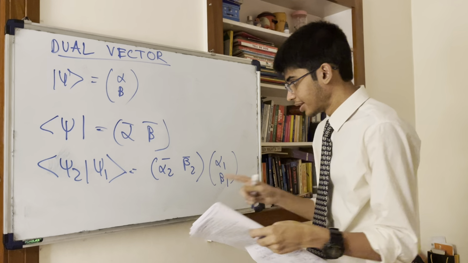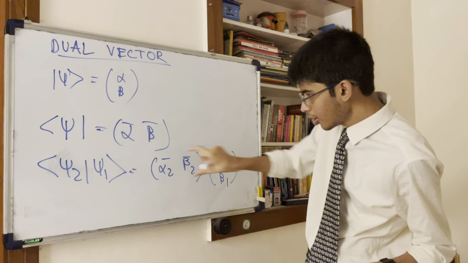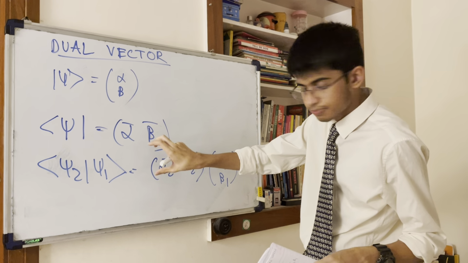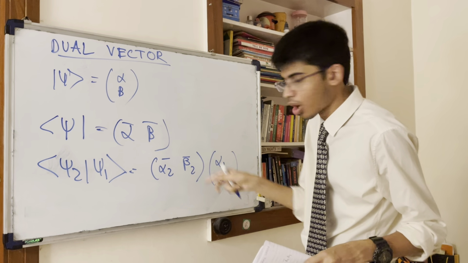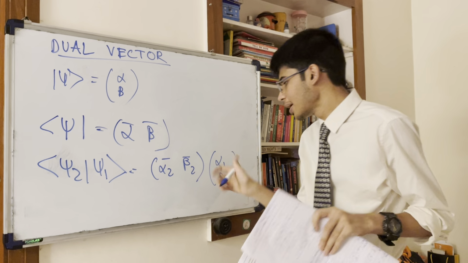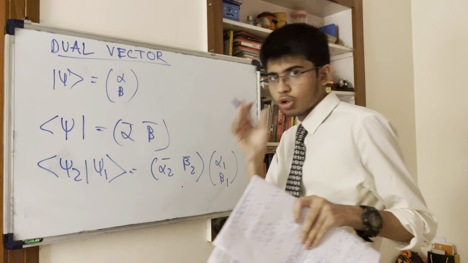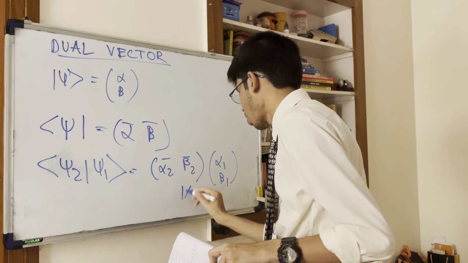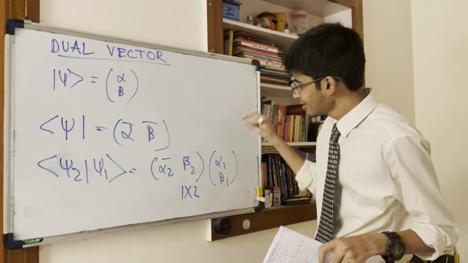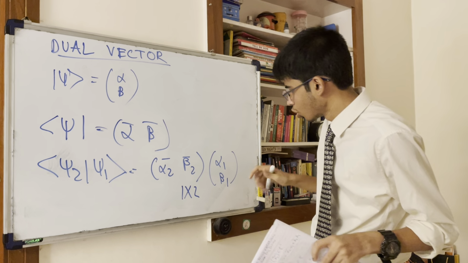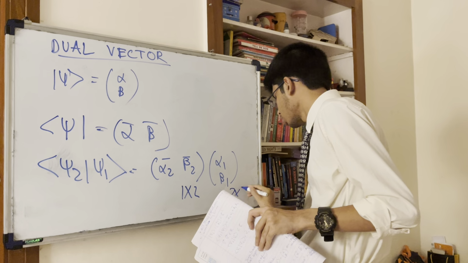Now this is one row, two columns, so we can write it in matrix form as row times column. So it is 1 cross 2. This is one column, two rows, so it is 2 cross 1.